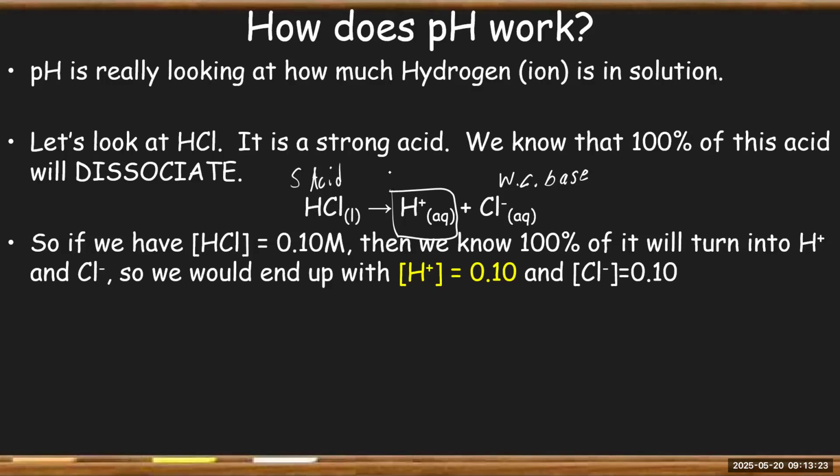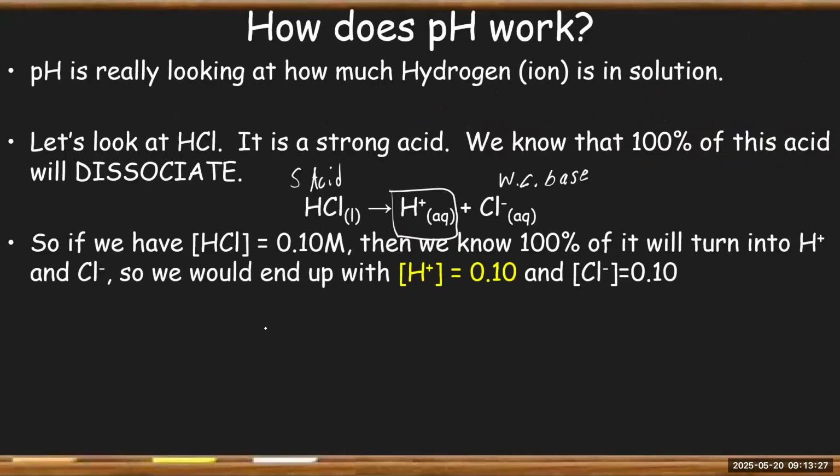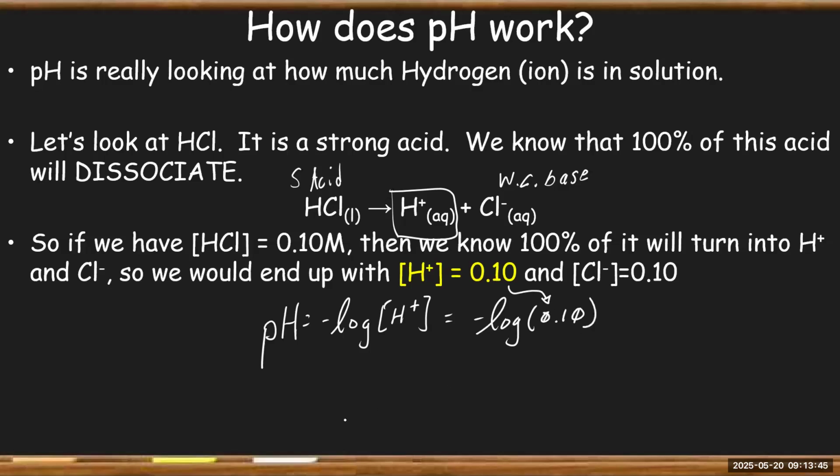So in order to figure out the pH, what do we need to do? pH equals the negative log of our hydrogen ion concentration, which means it's the negative log of 0.10.